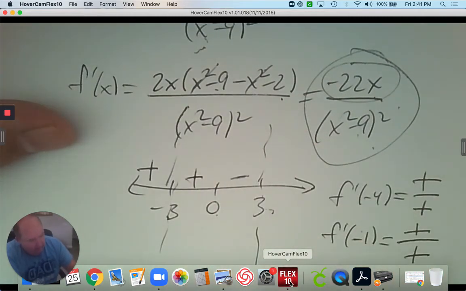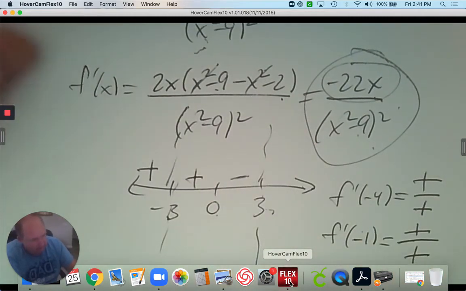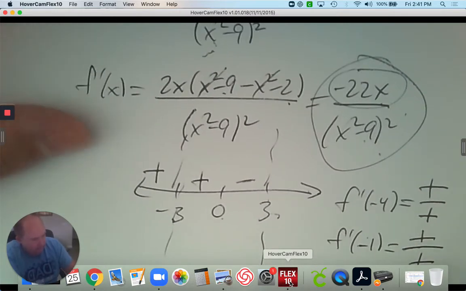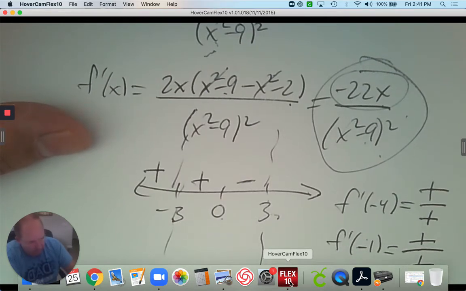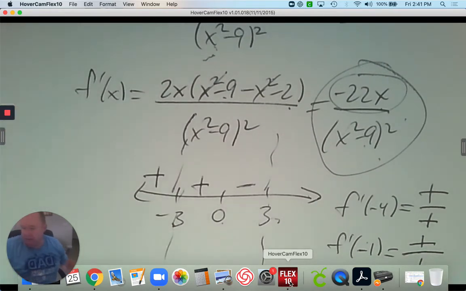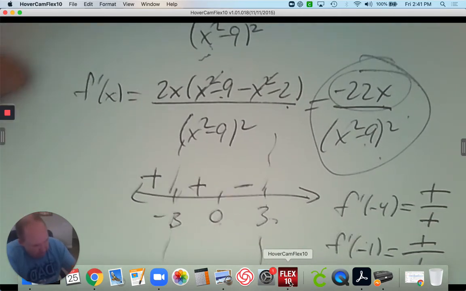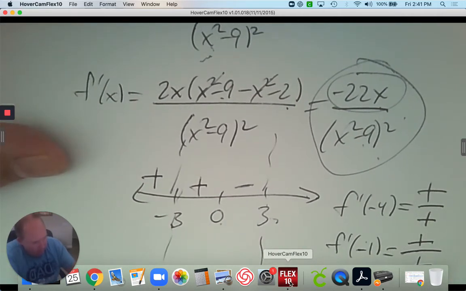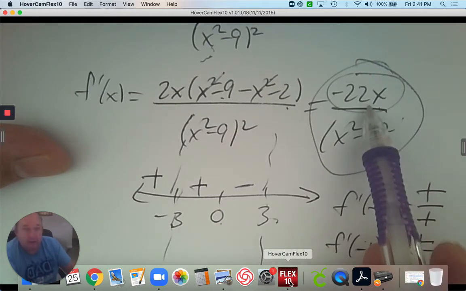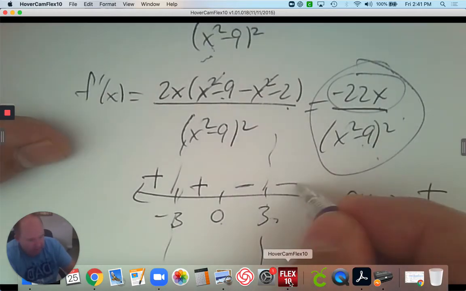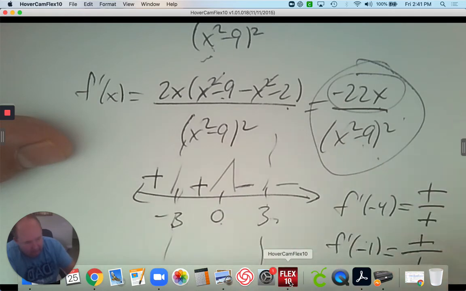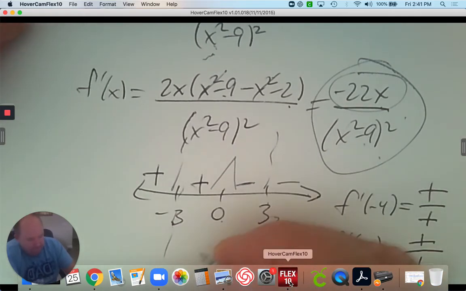And then plug in a big number bigger than 3, and again it's going to be a negative answer, negative over a positive. All right. So what's created here at 0 is a maximum.